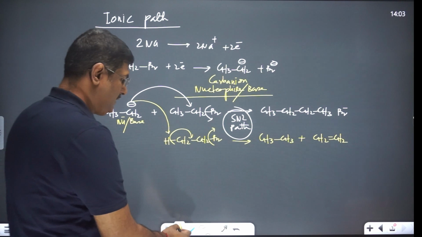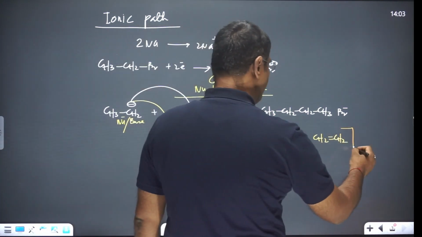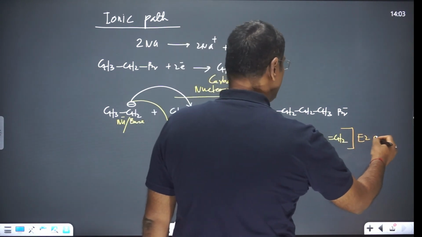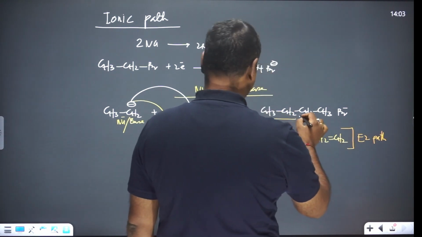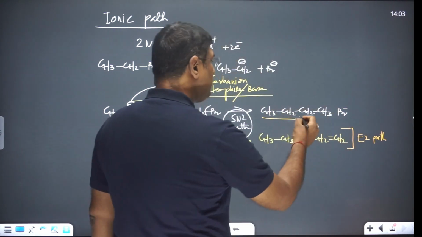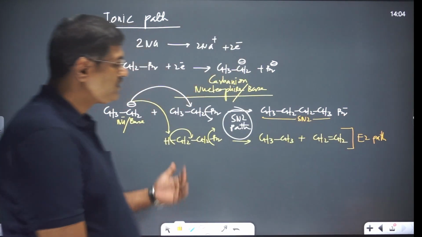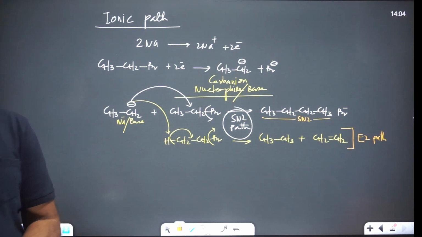You can say that these two are the minor products, the result of the E2 path, and this major one is the result of the SN2 path. Okay?